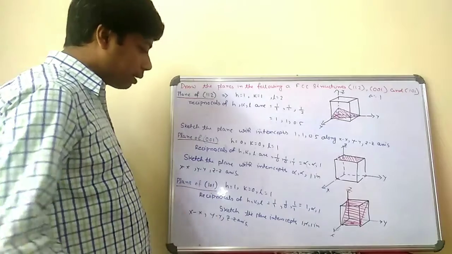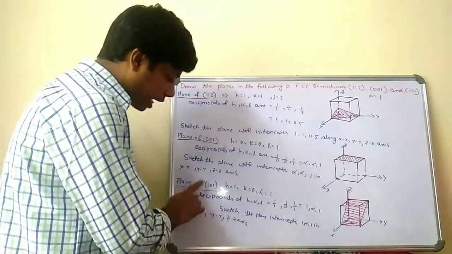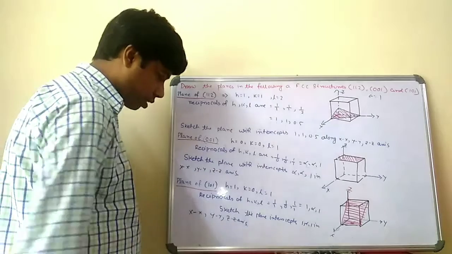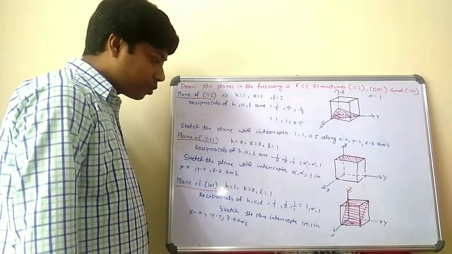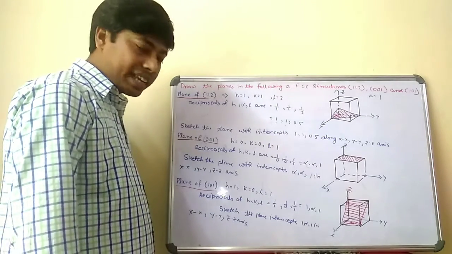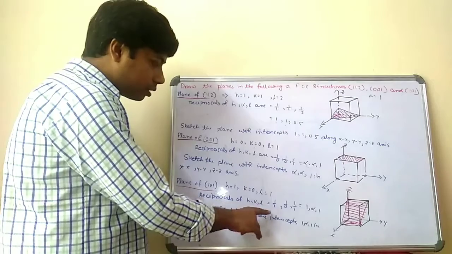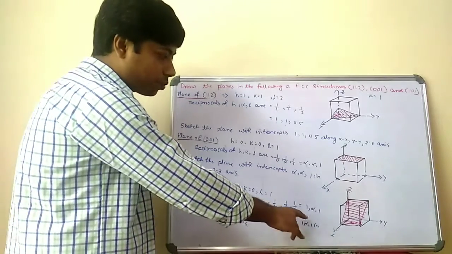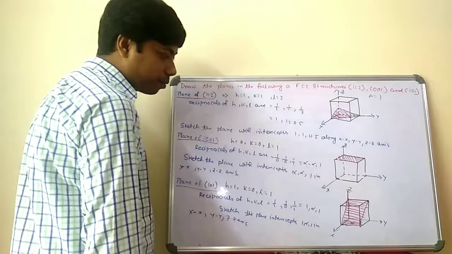Similarly, if you draw the plane 1, 0, 1, that means h1, k0, l1, right? The reciprocal of h, k and l will be 1 by 1, 1 by 0 and 1 by 1. That means 1, infinity, 1.